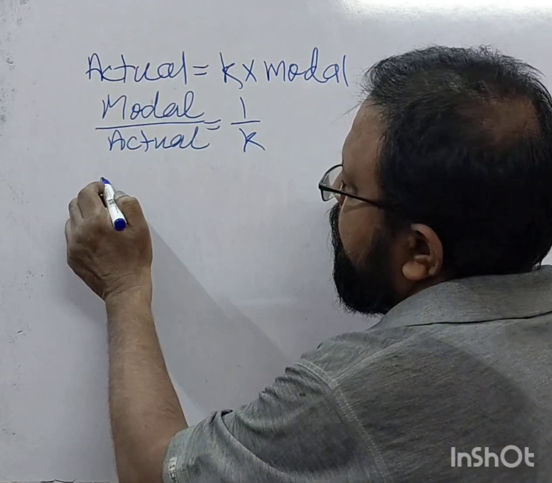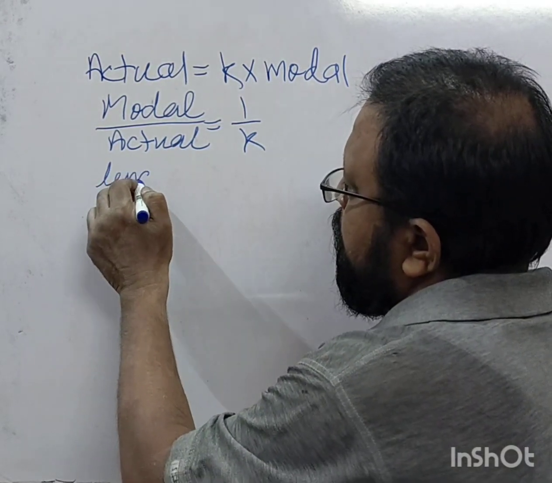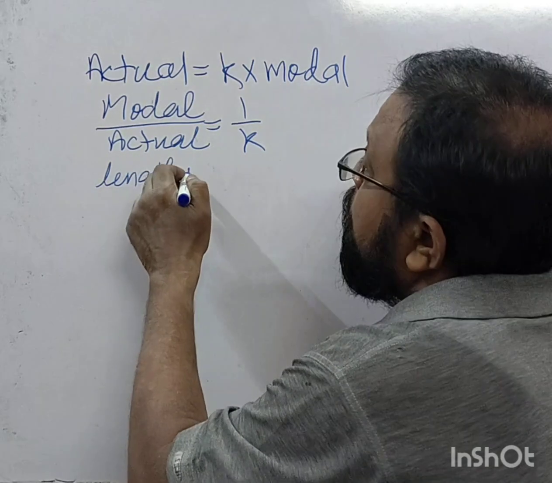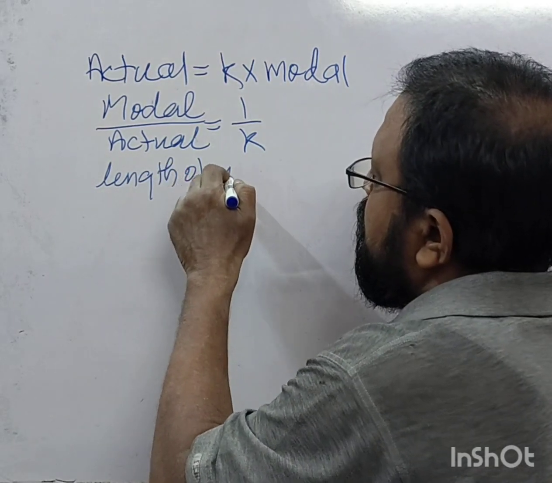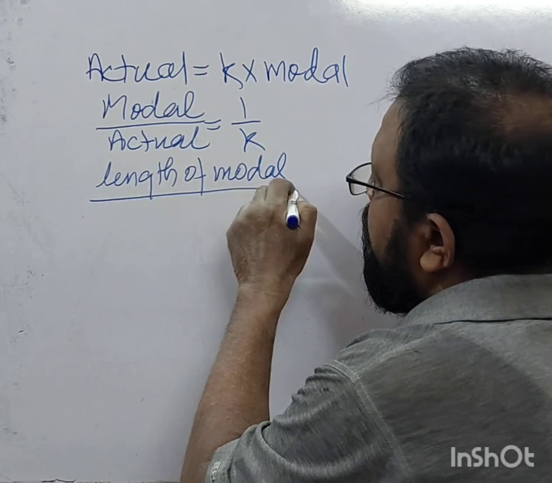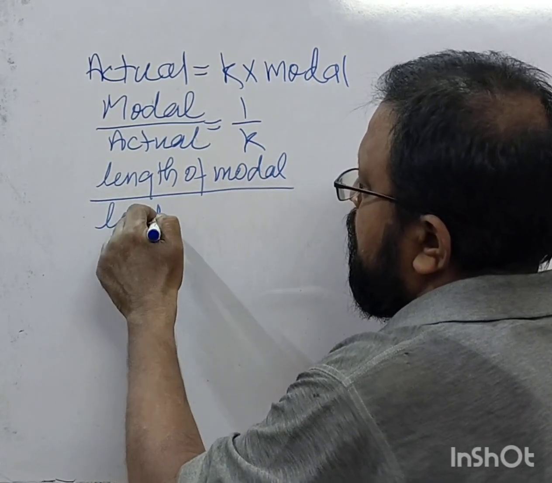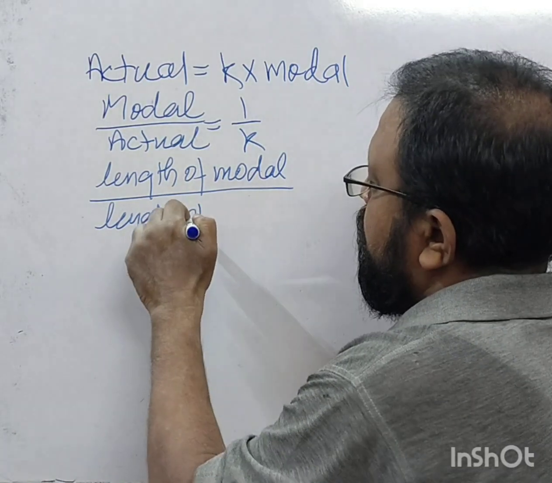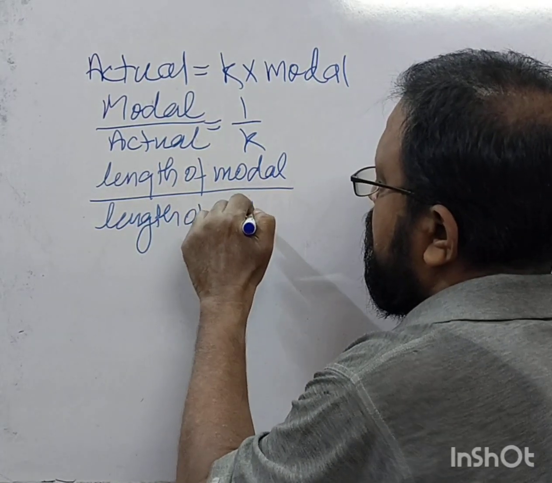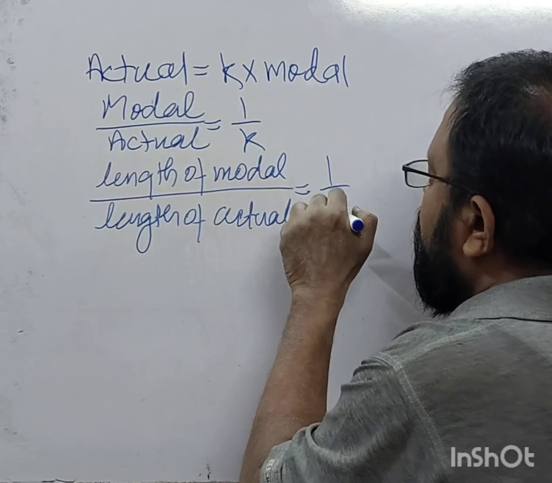So length of model upon length of actual is equal to 1 upon k.